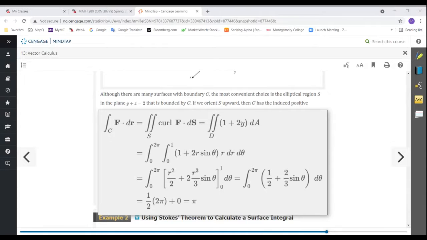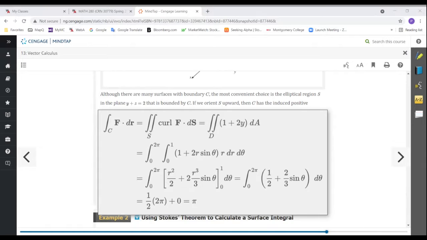And pi is equal then to the work. It is the work that the force field does, not the curl. Pi is equal to the work that the force field F does in moving that particle once around that path.